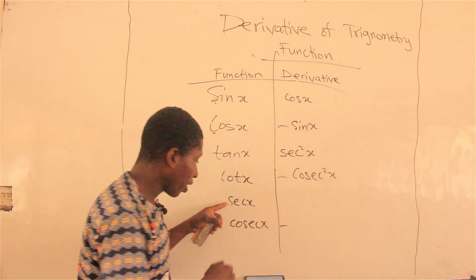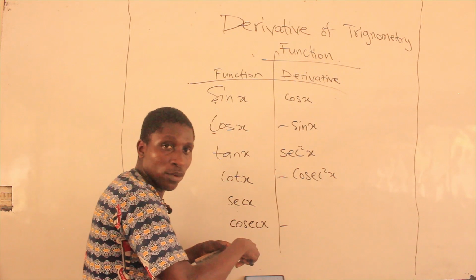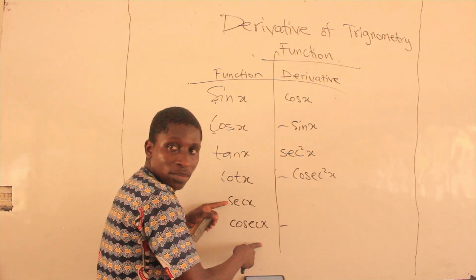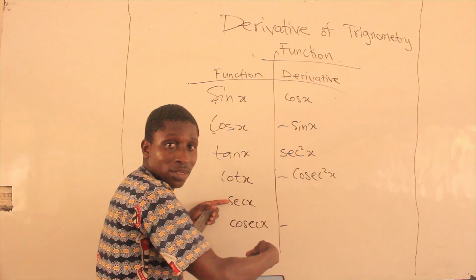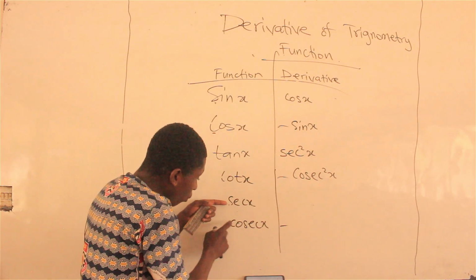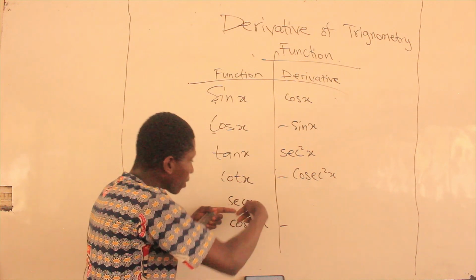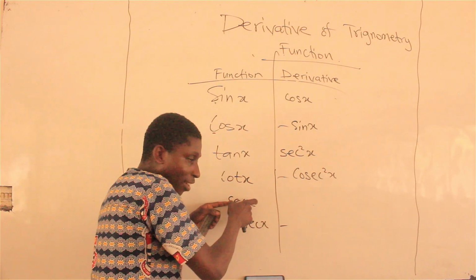Now let's take the next one, sec s. Let's count the two steps downwards. You have 1, 2, but there's no function here. Therefore, if there's no function, count upwards instead. But before you count upwards, you write that function first.